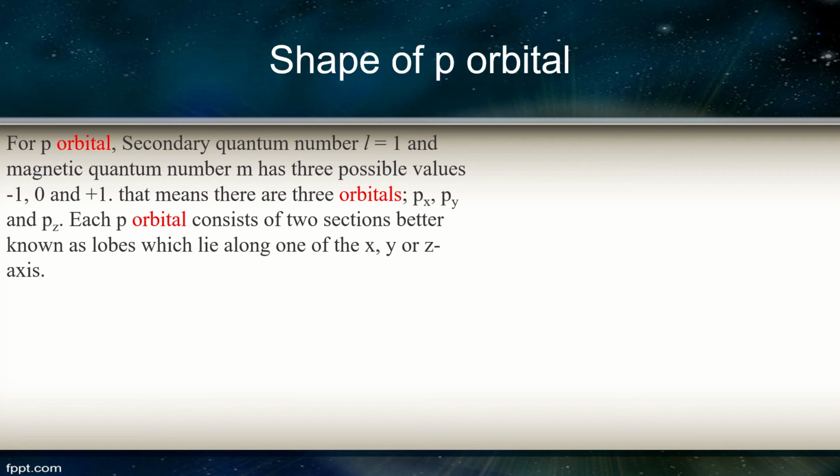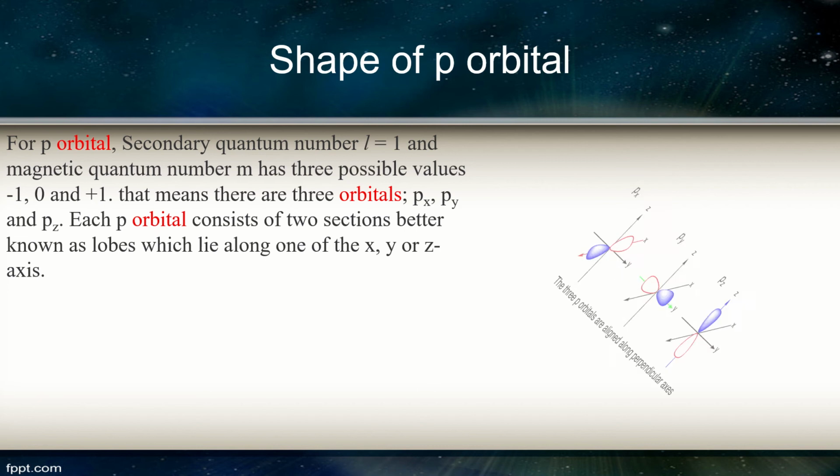Each p orbital consists of 2 sections, better known as lobes, which lie along one of the x, y, or z axis. The p orbital which lies along the x-axis is called px. In this way, the p orbital which lies along the y-axis is called py orbital, and which lies along the z-axis is called pz orbital.